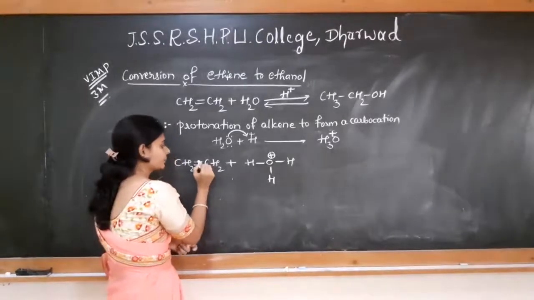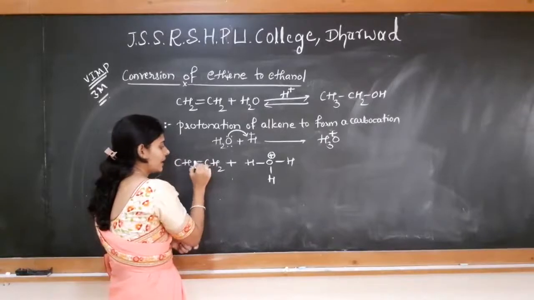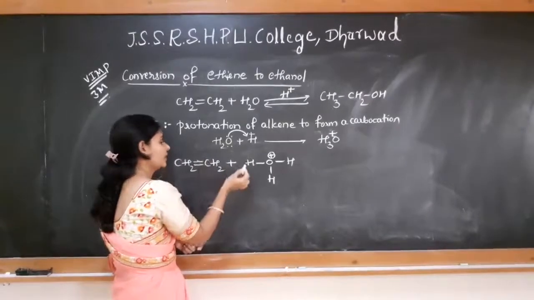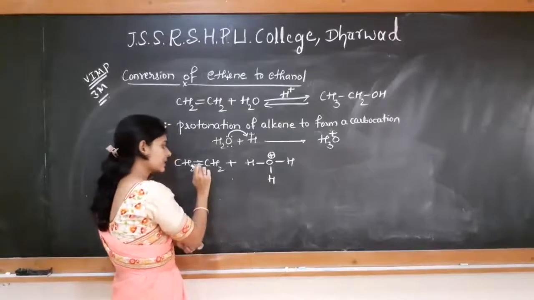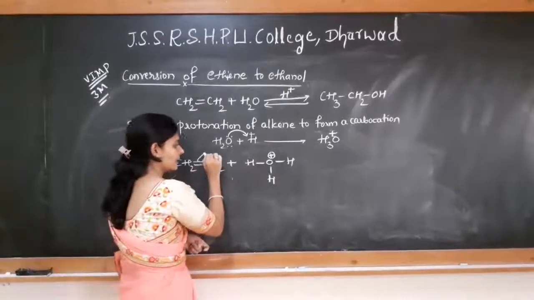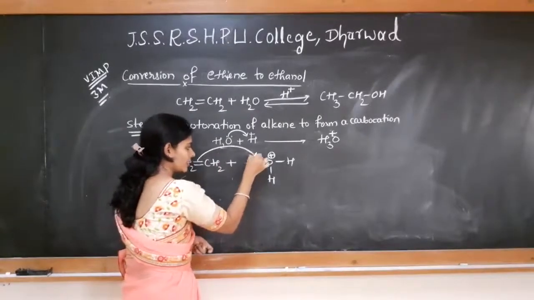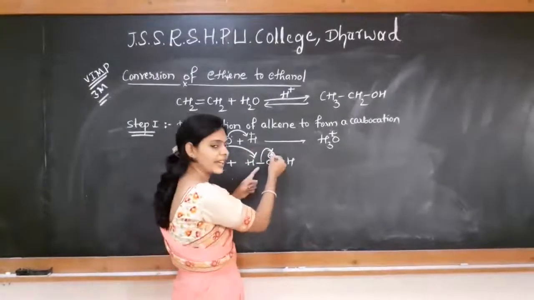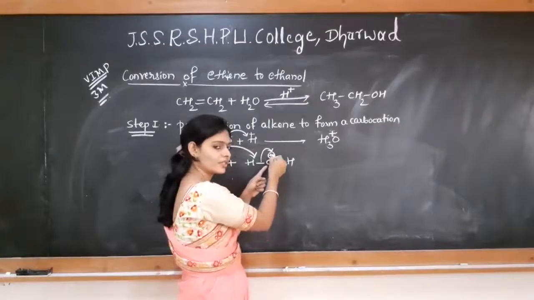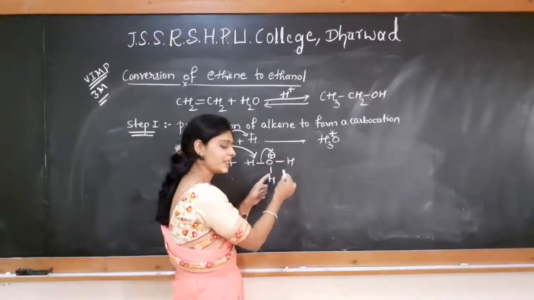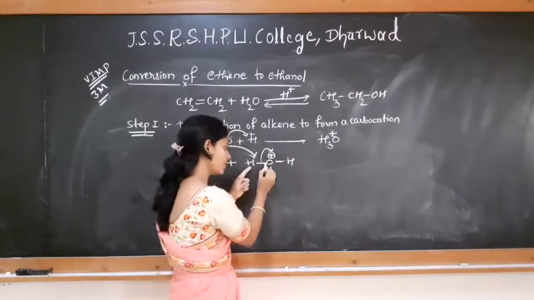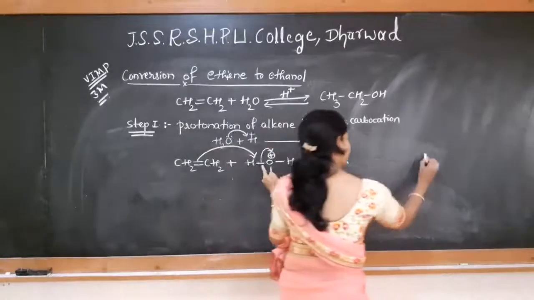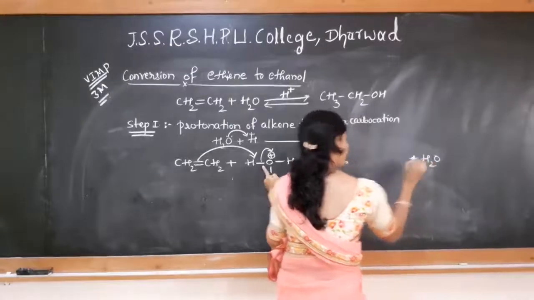So what happens? Now the electrophile attacks the ethene. This abstracts the proton and this goes out as H2O. See, as oxygen carries positive charge, it is not stable. So to get stability, oxygen takes up the electron from this OH bond and goes out as H2O, which is a stable molecule. So there is a liberation of H2O.